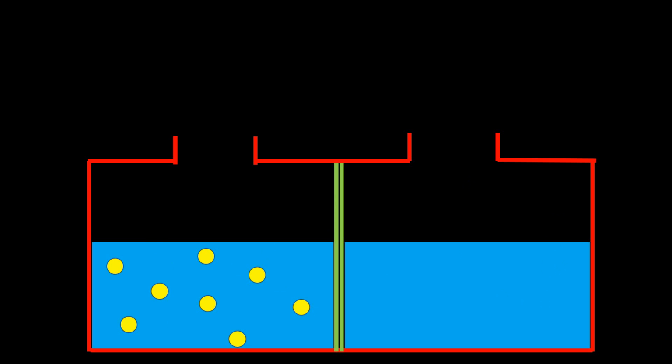Now you know that because of osmosis, the solvent molecules will flow from right hand side to the left hand side. Clear with this? And we know when the solvent molecules flow from right hand side to the left hand side, the volume of the left hand side is going to increase. Am I right?